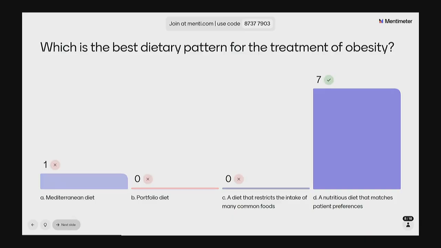Okay. So the correct response is a nutritious diet that matches patient preferences. If you recall, we talked about some important characteristics of a diet that is supportive of weight loss. It's important that it is sustainable and it meets the dietary preferences of the person, at the same time making healthy choices the easiest choice. And then offering support with a health professional.